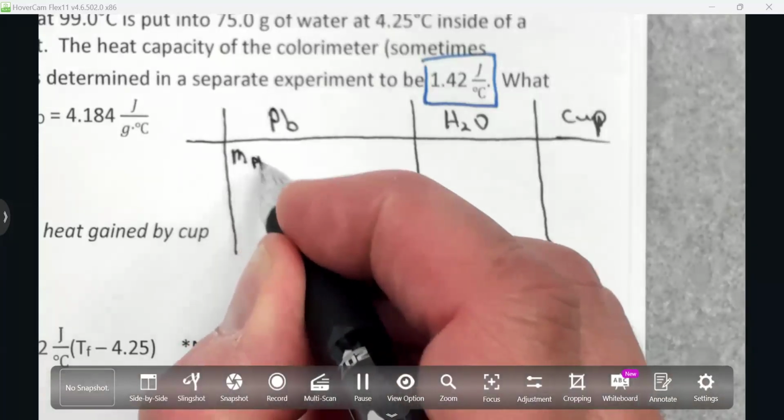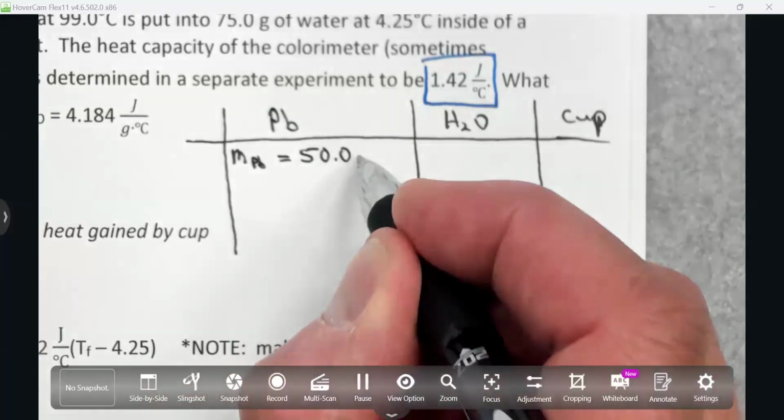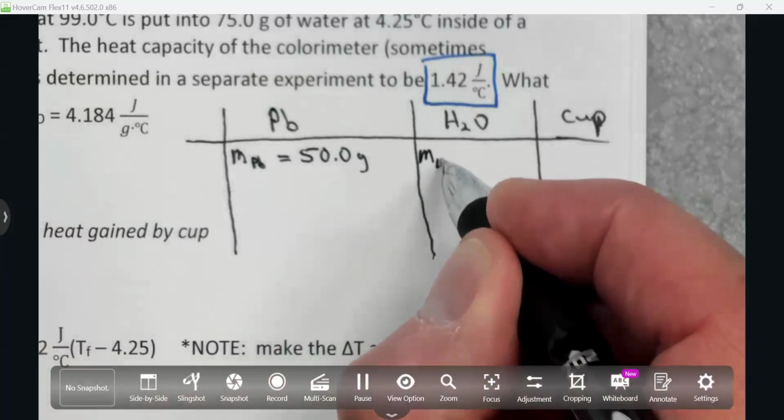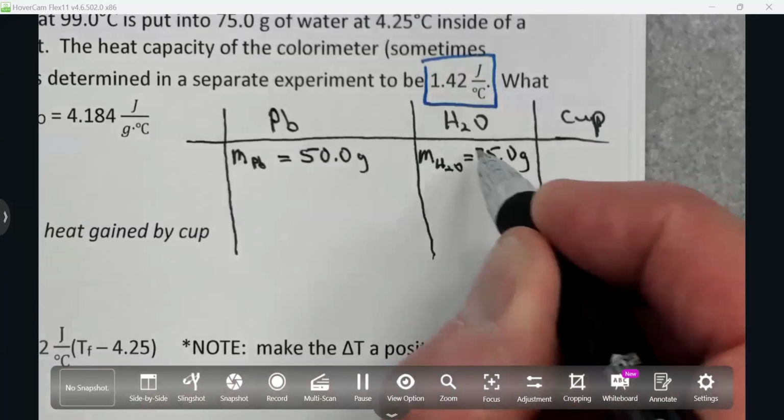My mass of lead being 50 grams. My mass of water, 75 grams.